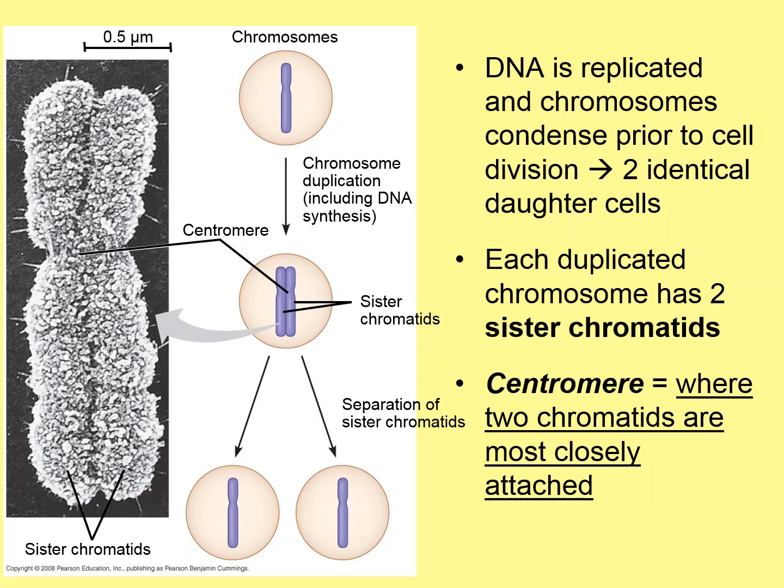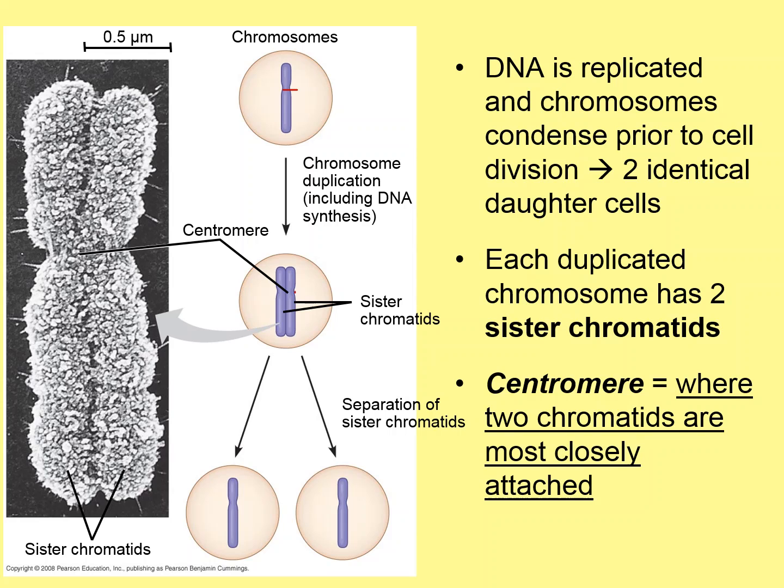So we can see, though, let's see if I can get this to work. Right here, we have a centrosome, here's a chromosome, right? I haven't copied it yet. And here is the centromere, right? Here, that little red line, right? So when I copy the DNA, now I have 2 identical sister chromatids, but guess what?